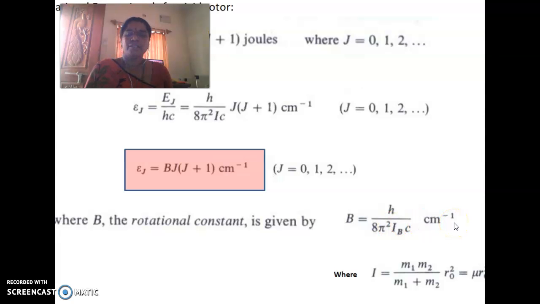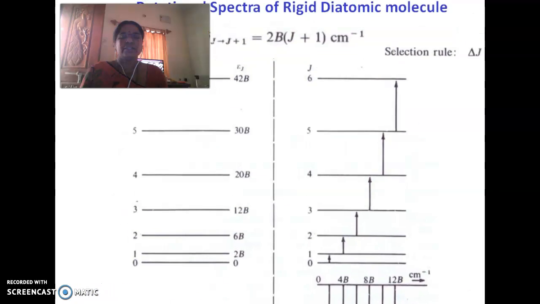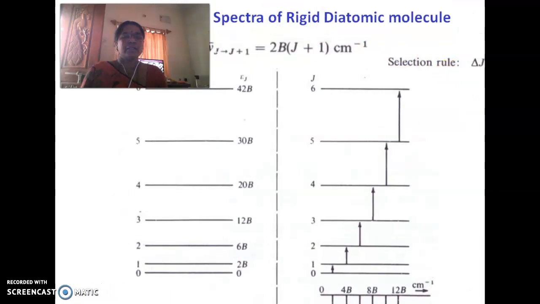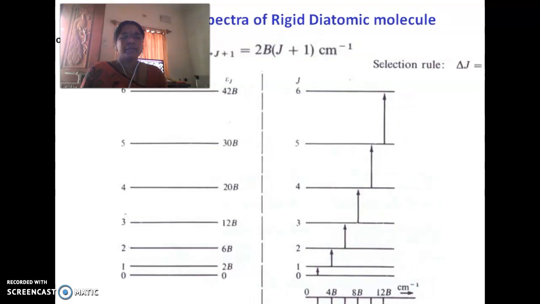Centimeter inverse means we are calculating this energy in terms of wave number, and I is as I said, m1 m2 by m1 plus m2 into r0 square, which can be written as mu r square. So this is the representation of the rotation of a rigid diatomic molecule, right?